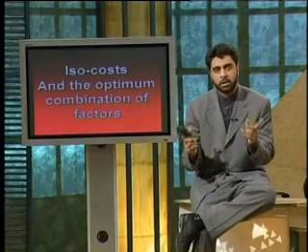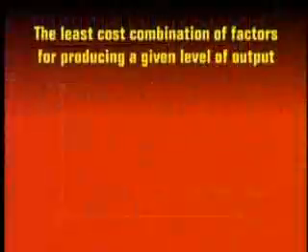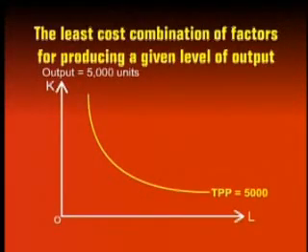Let's go to a graph to see how this happens. Now, by combining isocosts and isoquants, we can answer two questions. One, what is the least cost way of producing a particular level of output? And two, what is the highest output that can be achieved for a given cost of production?